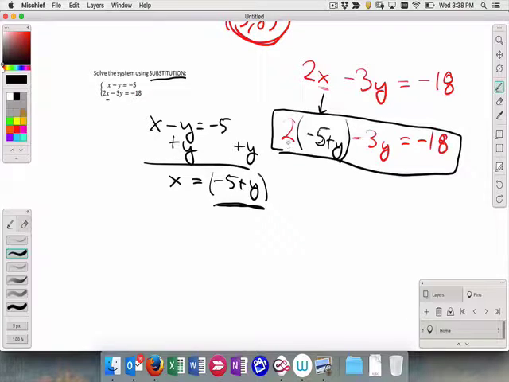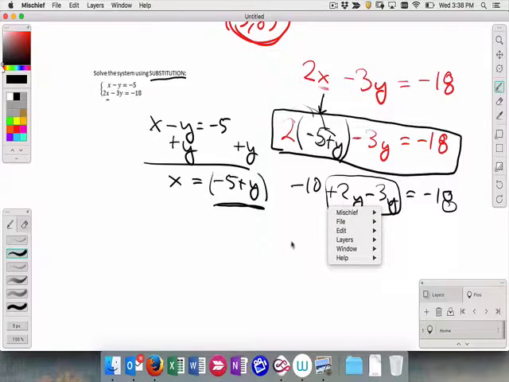Well, the first thing I'm going to do to solve this is to just use the distributive property to eliminate the parentheses. So I get negative 10 plus 2y minus 3y equals negative 18. I just rewrote the rest of the equation. Good. And the next thing I should do is combine these two terms because they are like terms. That's a positive 2 and a negative 3.